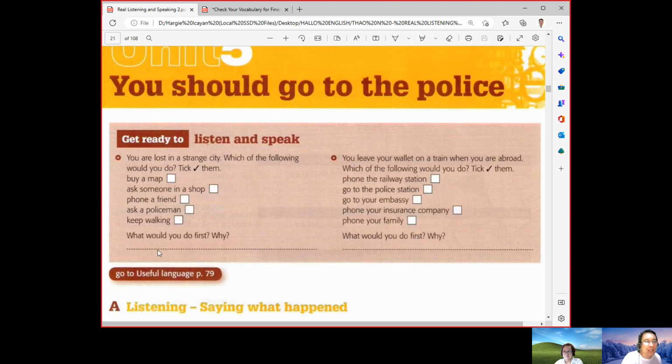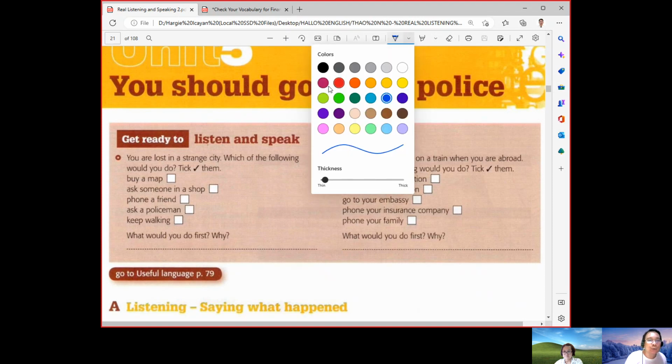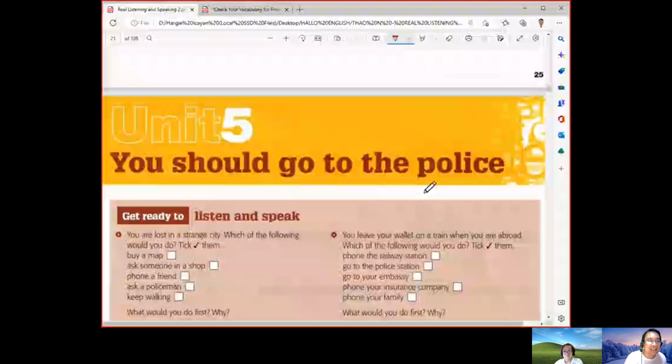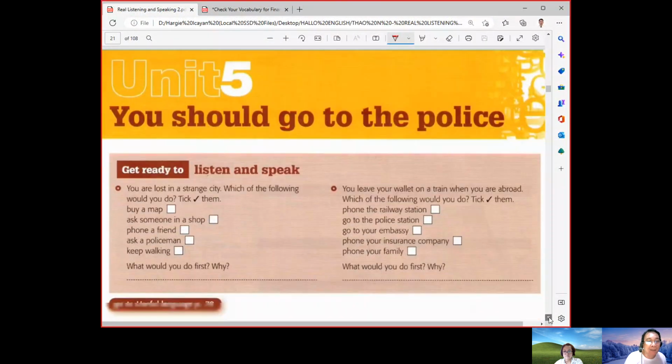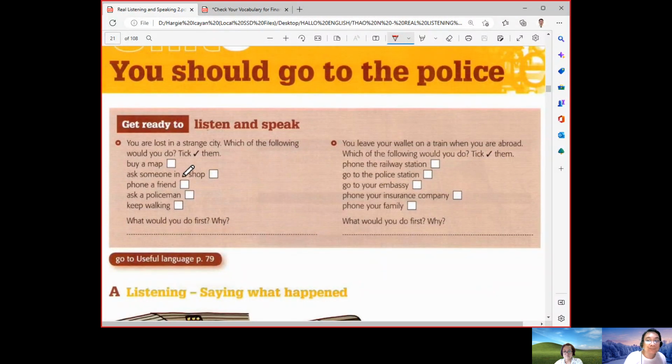Number one, are you going to buy a map if you were lost in that particular city? Maybe yes, or what do you think? No. Ask someone in a shop? No. Phone a friend if you're lost?